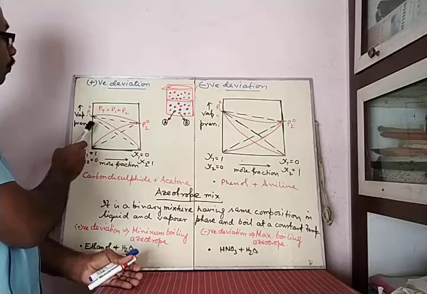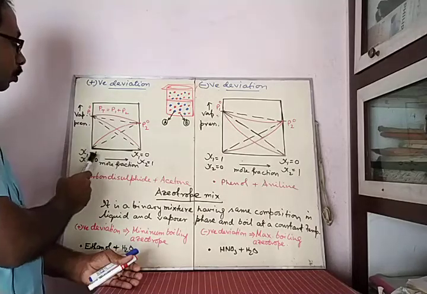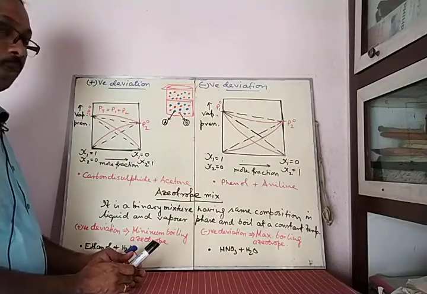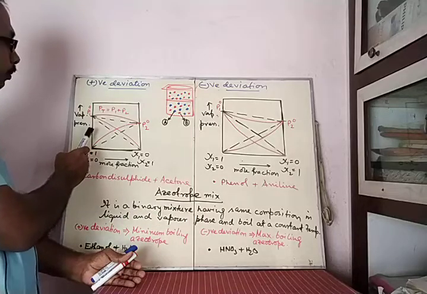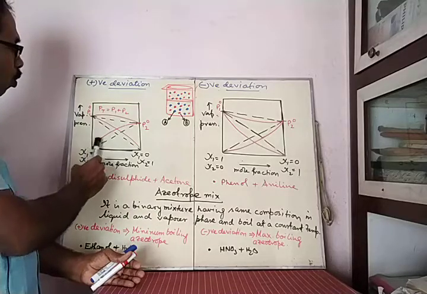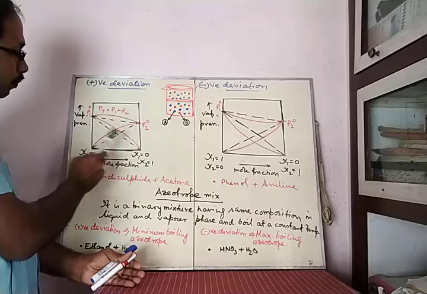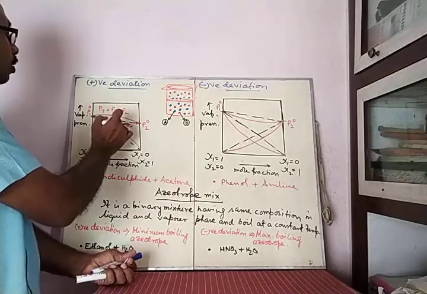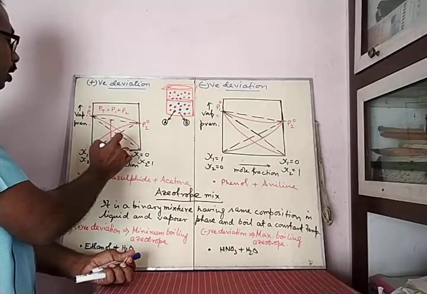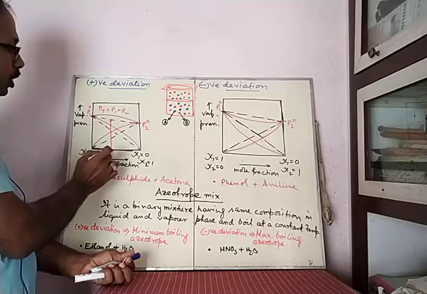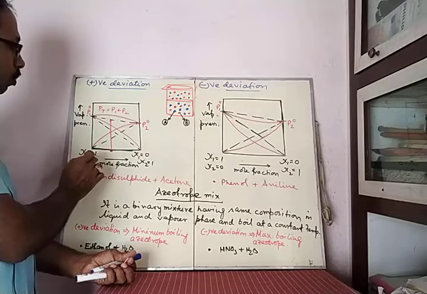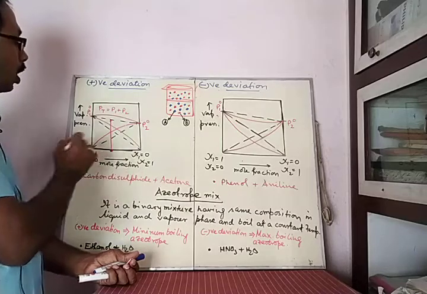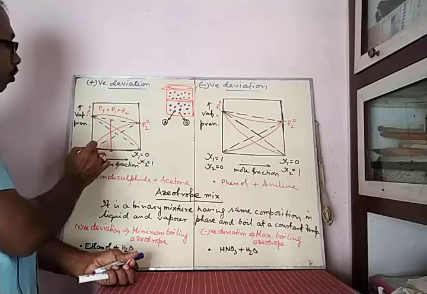Now we can follow that when these two component liquids 1 and 2 were mixed, then the vapor pressure is becoming more in each case. That means if we take a certain composition, certain mole fraction of component 1 and certain mole fraction of component 2, then this is the line for component 2.